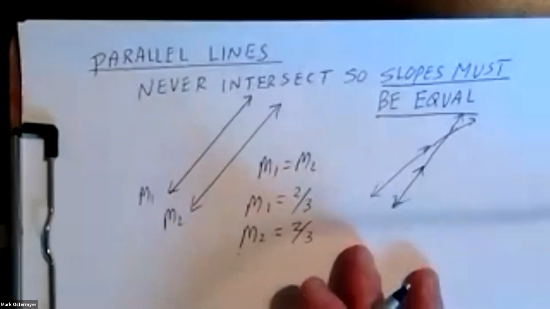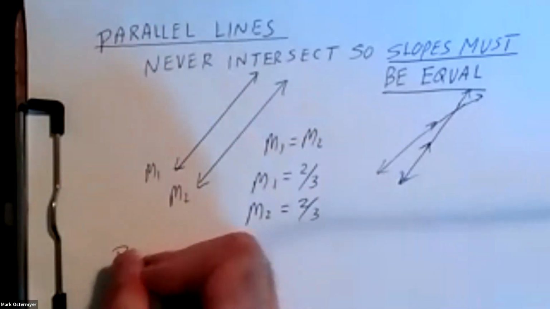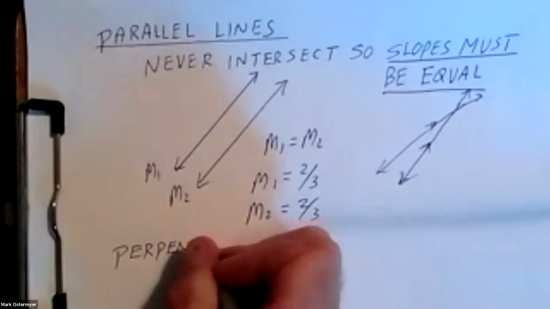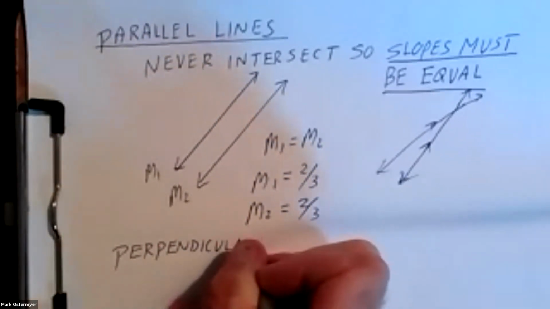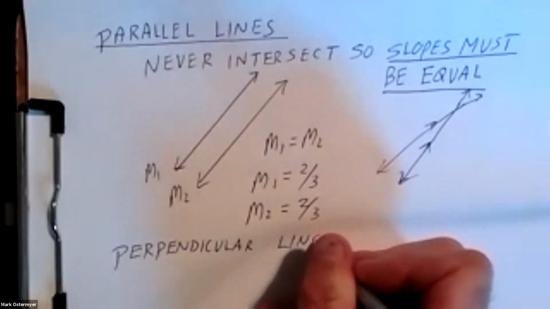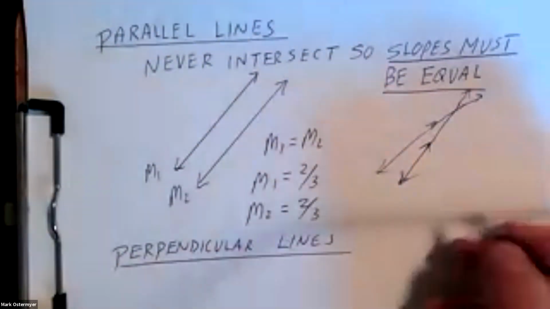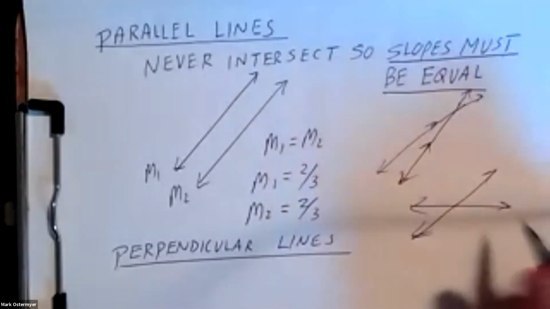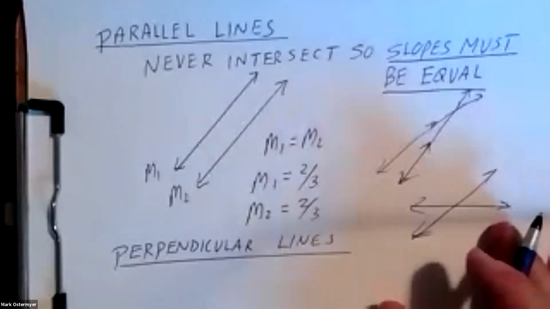What are perpendicular lines? Lines that cross. Yep, lines that cross, but there are a lot of lines that cross. Is it lines at a 90-degree angle? Yeah, these two lines cross, but they're not perpendicular.